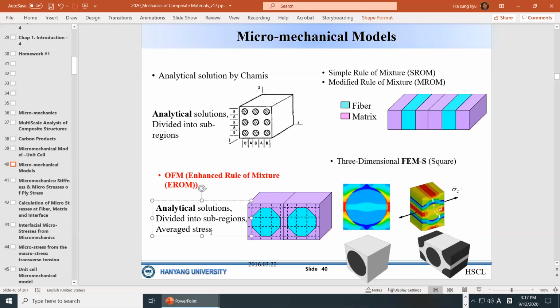I'm using the octahedral. The fiber has an octahedral shape, so OFM. And this was developed by our lab. And this is much more accurate than this, but we don't have to use the finite element method. We derive the analytical solutions. So there are several choices to calculate for the micromechanical models.